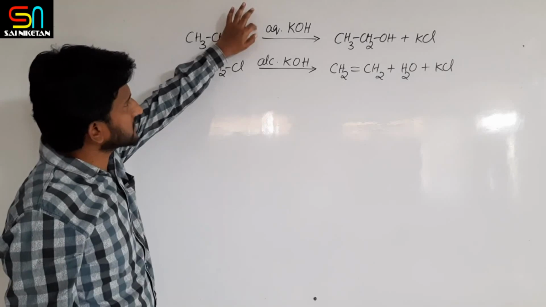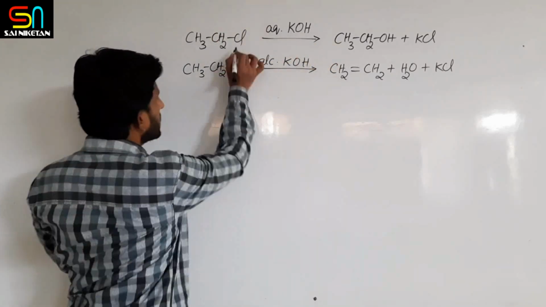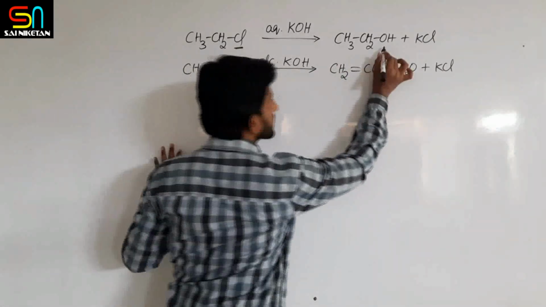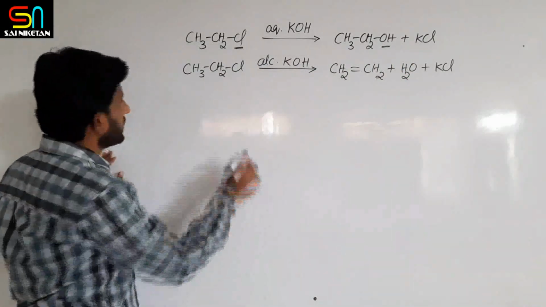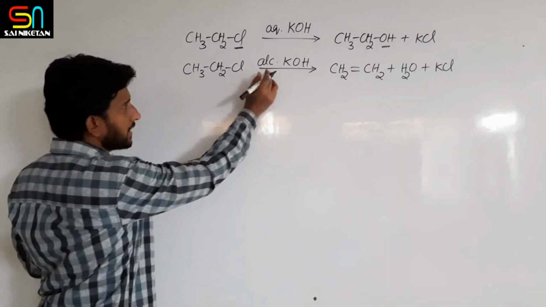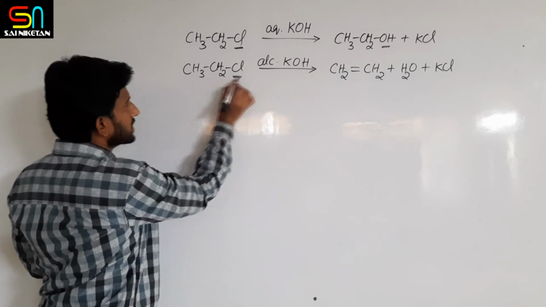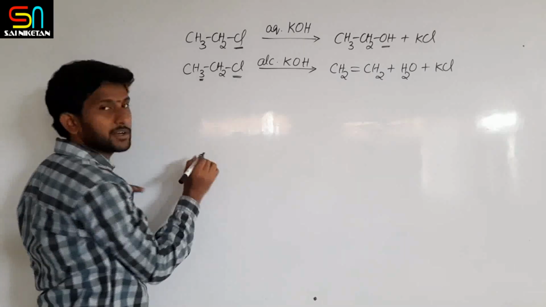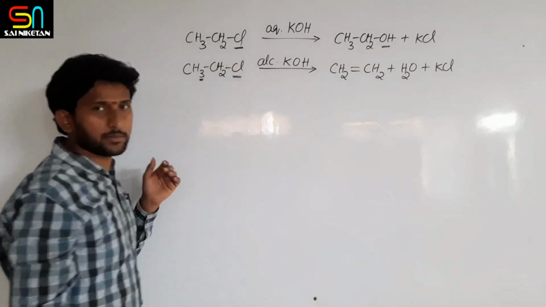With aqueous KOH, the reaction is chlorine substituted with the OH group. With alcoholic KOH, the alpha position chlorine and beta position hydrogen are removed and you get alkene as the product.